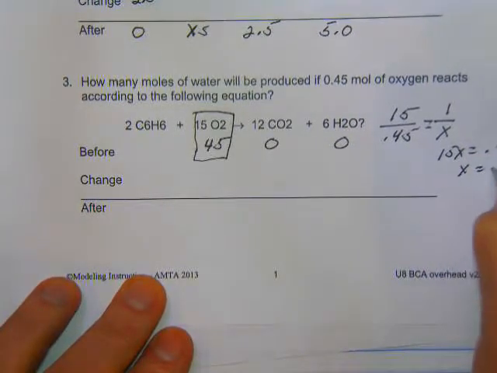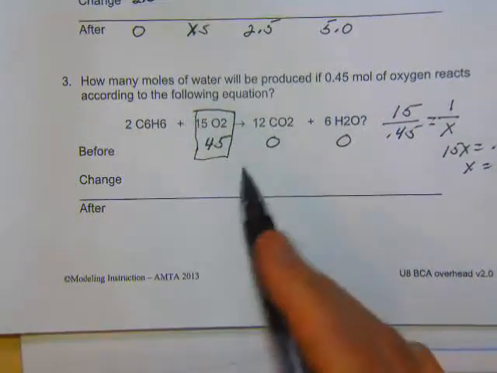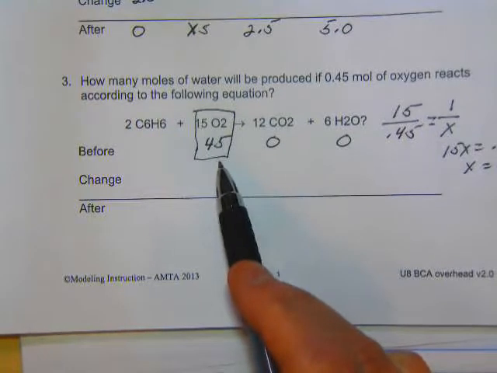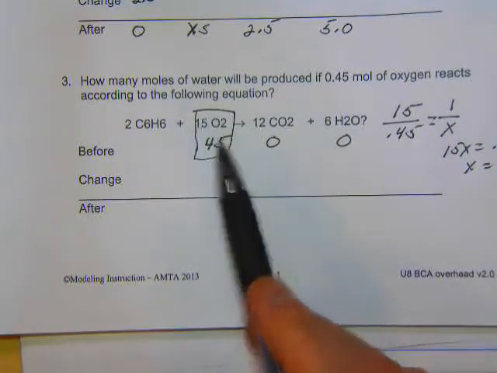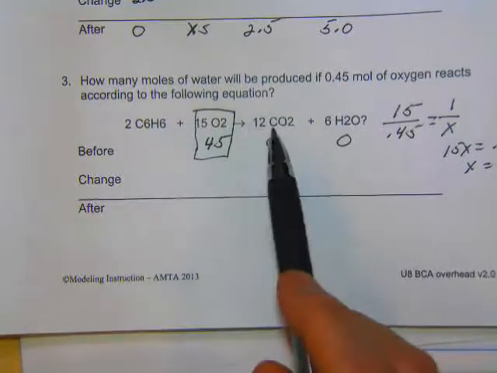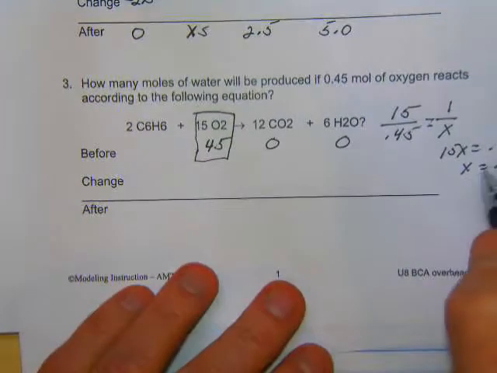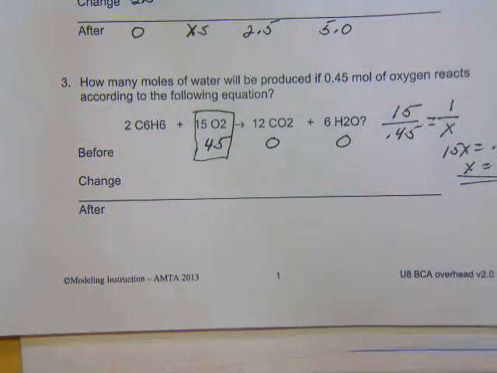X equals 0.03. So we were given 0.45, but that's really 15 moles. So we want to see what the value of just 1 mole is in the balanced equation. So we can do this, and it comes out to be 0.03. So from there, we can go ahead and do the rest of this.